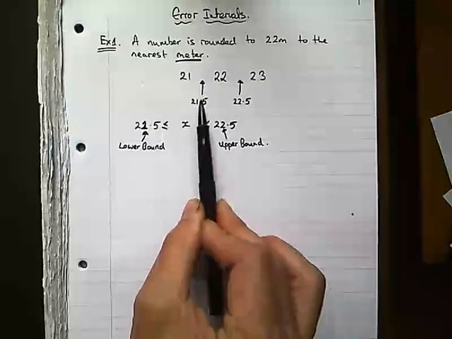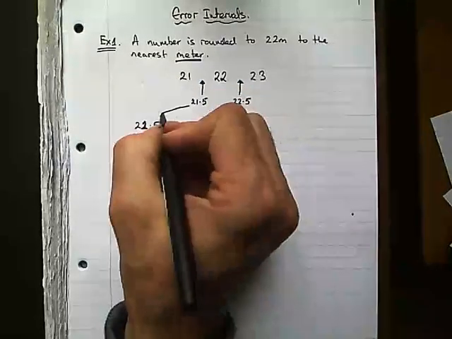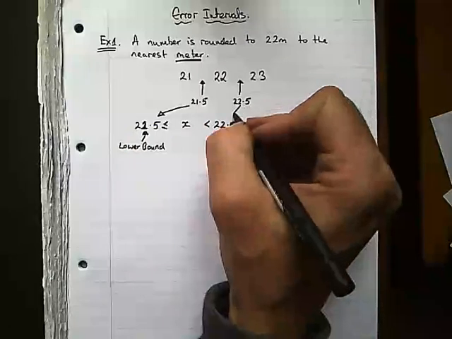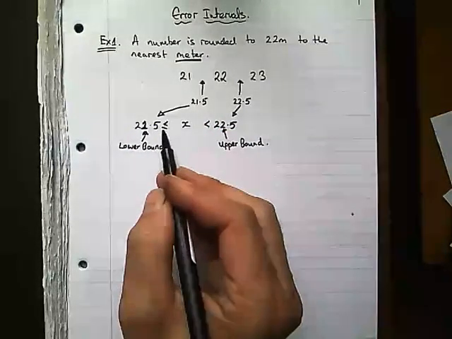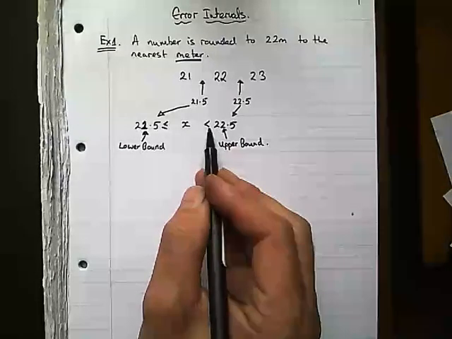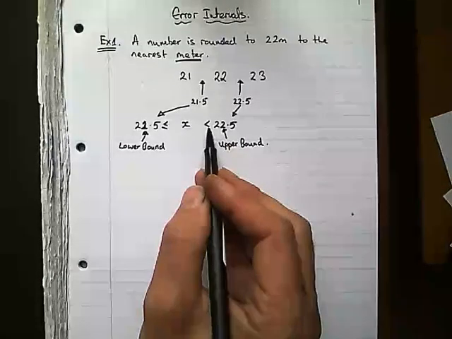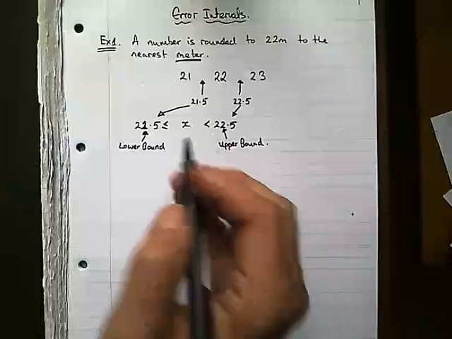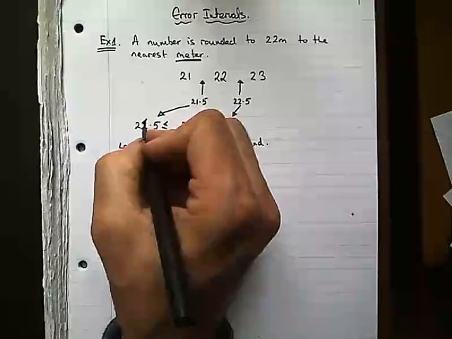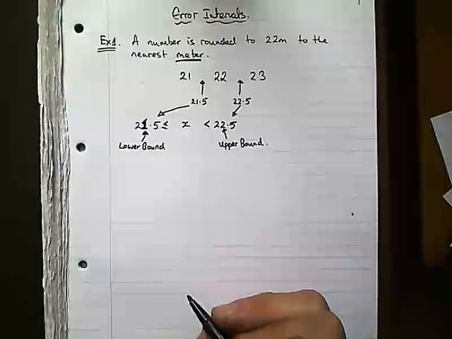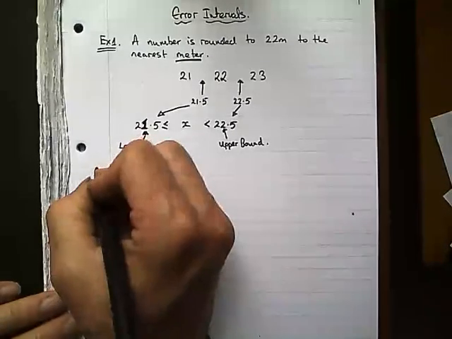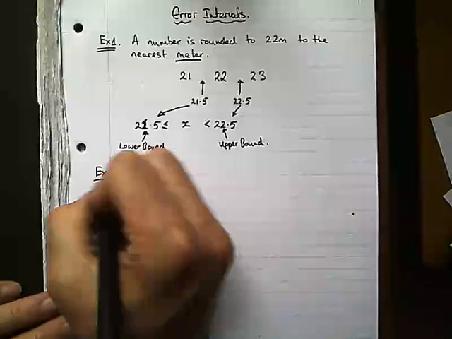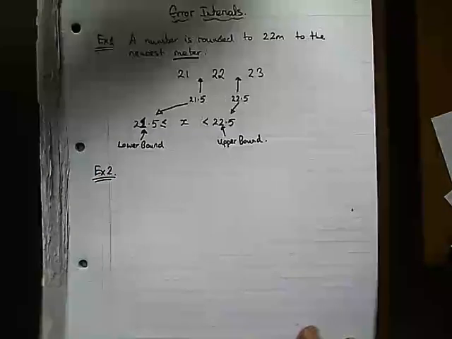Okay, so this 21.5 comes down here, this 22.5 goes there, and these inequalities stay the same. Okay, that was a 1 there. My mistake.